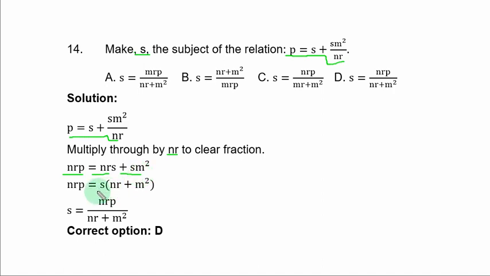From the right hand side, factor out S. So you have NP equal to S bracket open, N minus M squared bracket close. To get S, divide both sides by the term in the bracket, and you have S equal to NP over N plus M squared. D is the correct option.